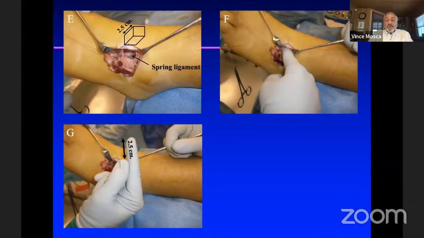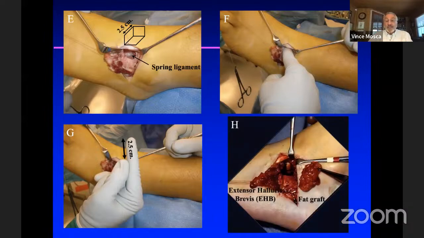The hole should be pretty big. You can put either your index finger or your little finger in and confirm that the subtalar joint moves well, and confirm radiographically as well that there's no remaining connection between the calcaneus and the navicular. Then use some bone wax that you paint on the exposed bone surfaces, and take fat graft. I take it from the medial side of the knee.